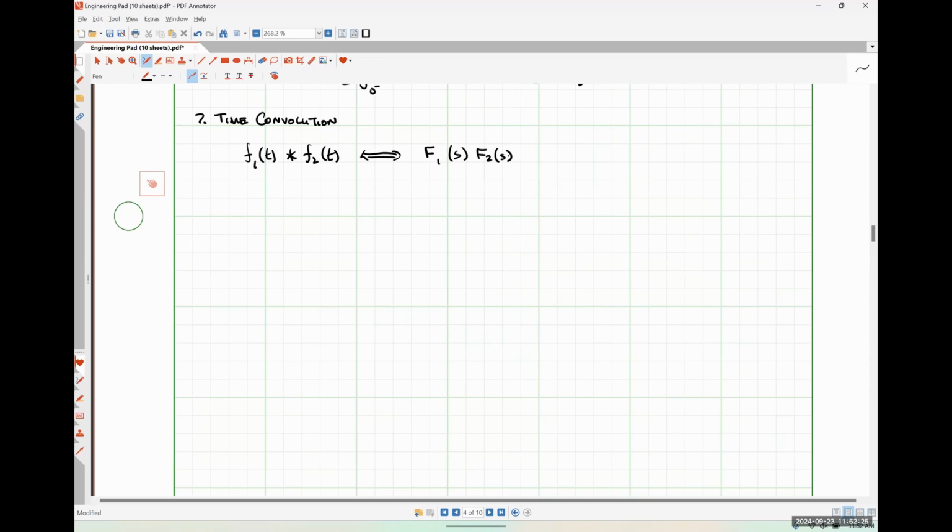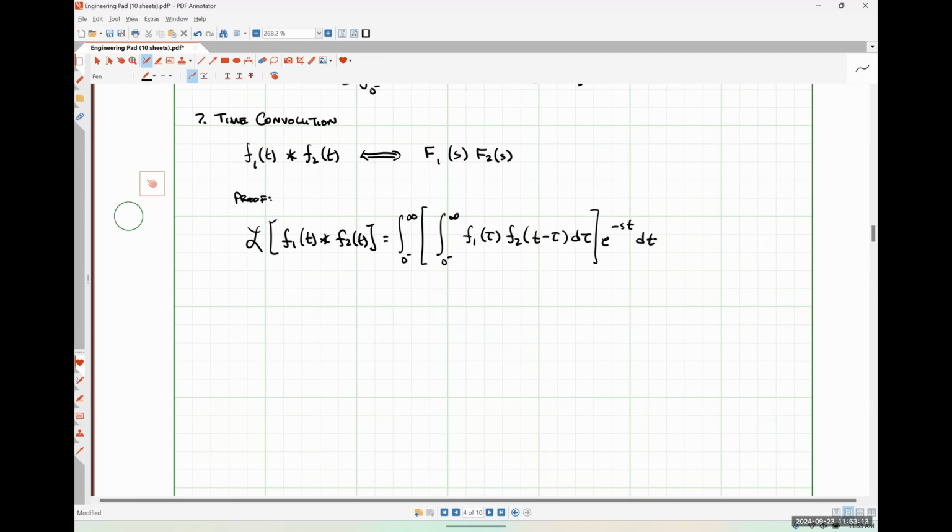Okay. So just for the sake of consistency, to prove this, the Laplace transform of f1 of t convolved with f2 of t is going to look like the integral from 0 minus to infinity of the integral from 0 minus to infinity of f1 of tau multiplied by f2 of t minus tau d tau, close braces, e to the negative st dt.